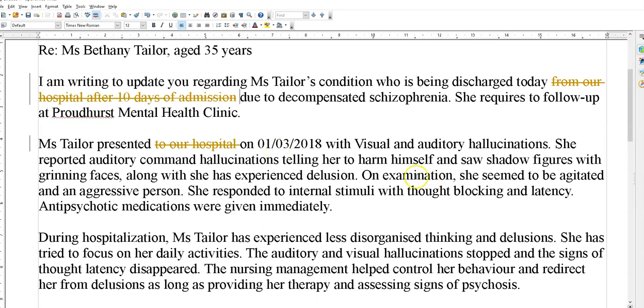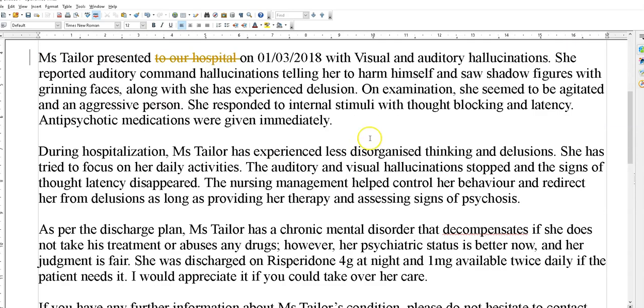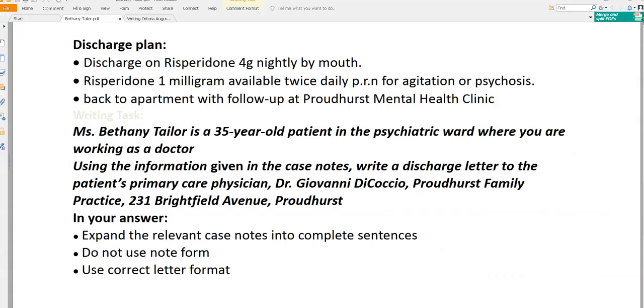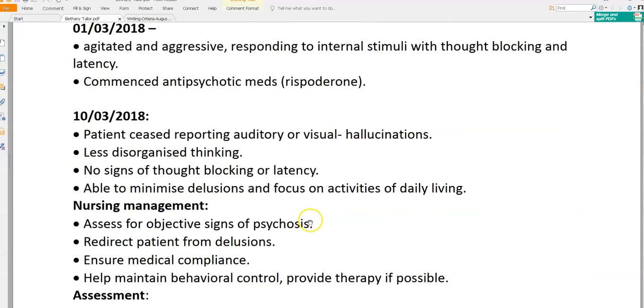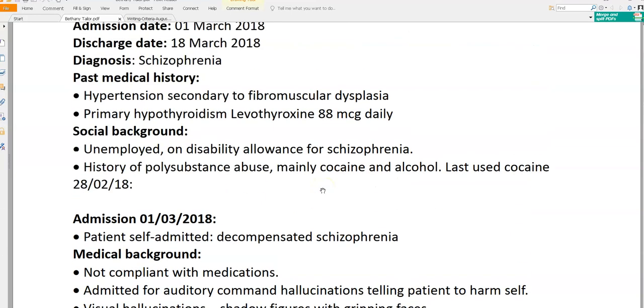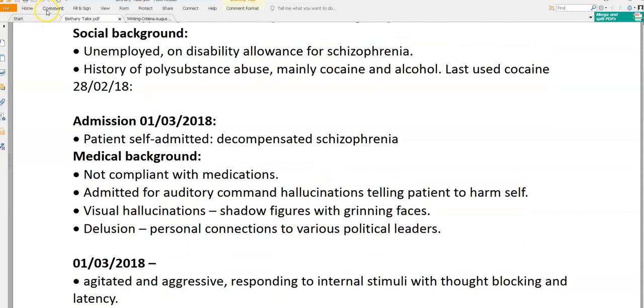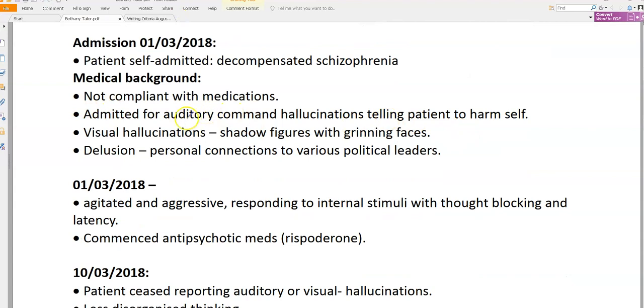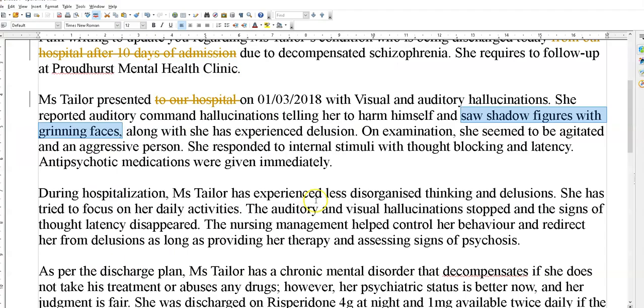So Ms. Taylor presented with visual and auditory hallucinations. Now. Right. One thing, too much detail. And if you look at it, it's virtually word for word from the notes. So let's just, I don't want to put it on two screens.